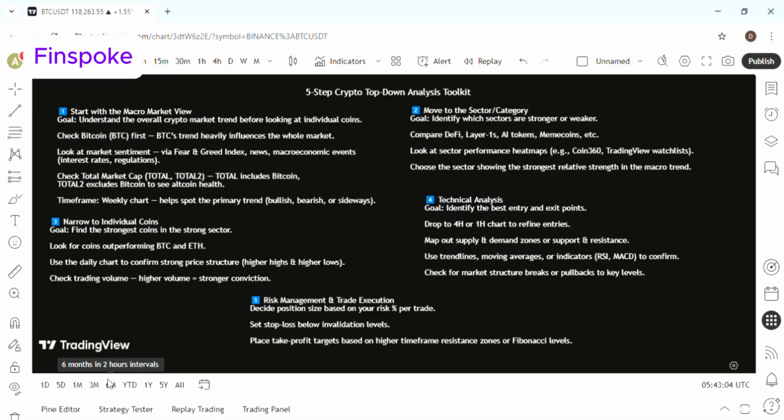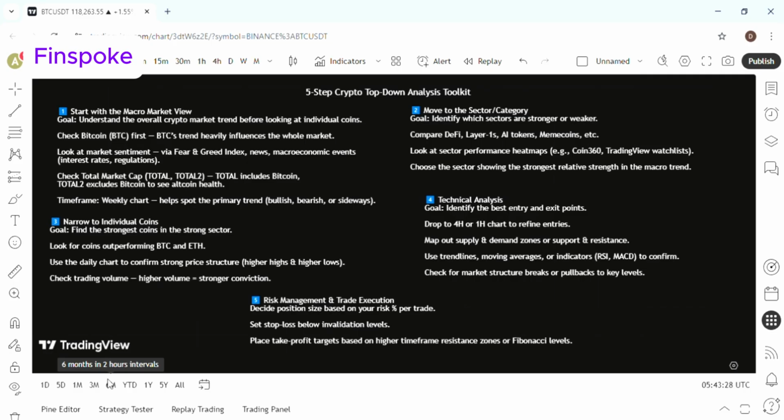Let's break down the 5-step crypto top-down analysis quickly before we head over to the chart. Now, the first thing you need to do is to look at the macro market overview. The goal is for you to understand the overall crypto market trend before looking at the individual coin.